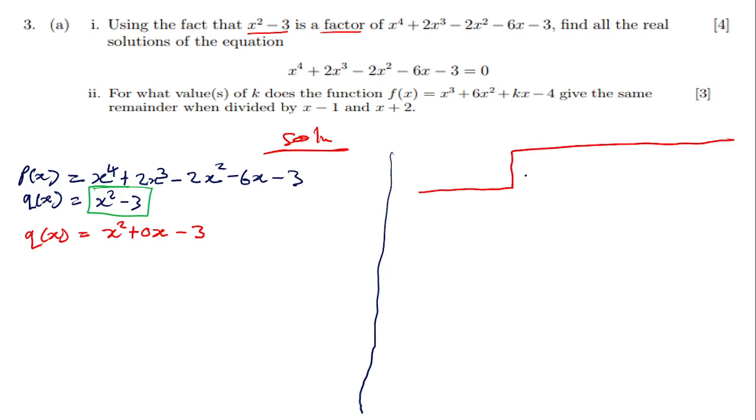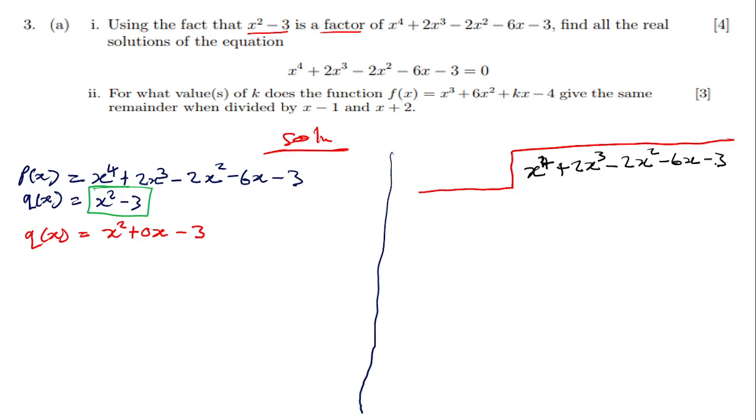So it's going to be x squared, and then x to the power 4, and then I'll say plus 2x cubed, and then minus 2x squared, and then minus 6x, and then minus 3.